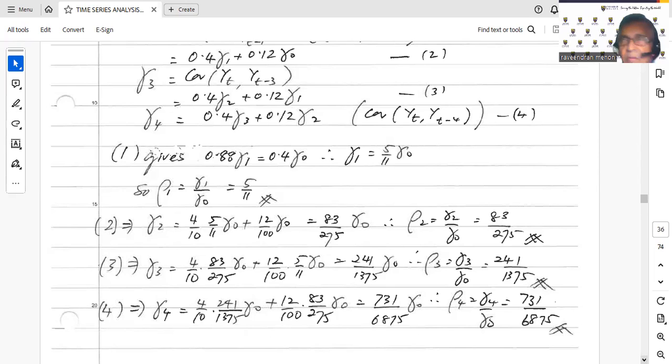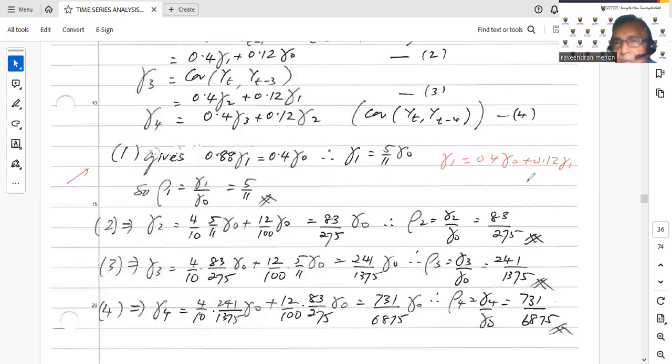And then rho 1, from equation 1, you can get this thing here. Equation 1: gamma 1 equals 0.4 gamma naught plus 0.12 gamma 1.